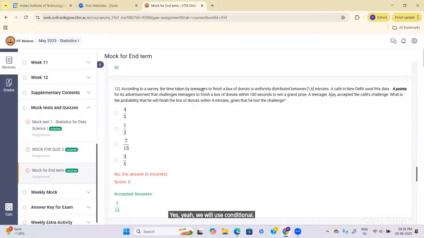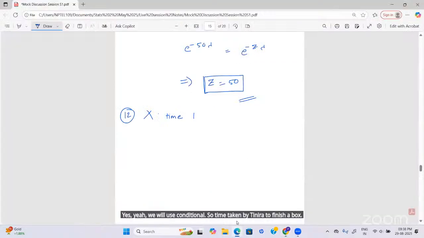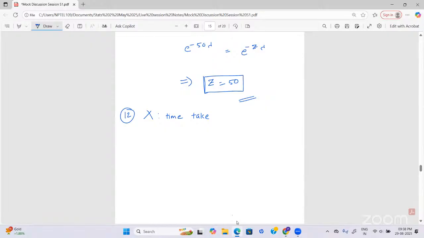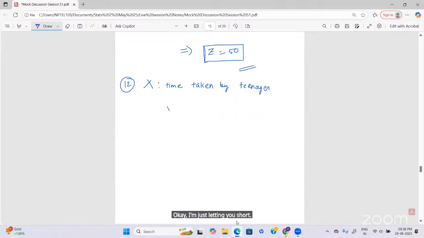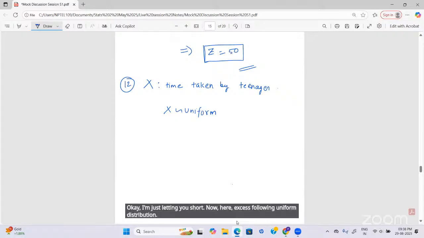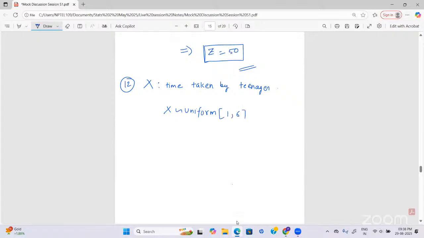So x is the time taken by a teenager to finish a box. You can write the full form. Okay, I'm just writing in short. Now here x is following uniform distribution in this interval, 1 to 6.